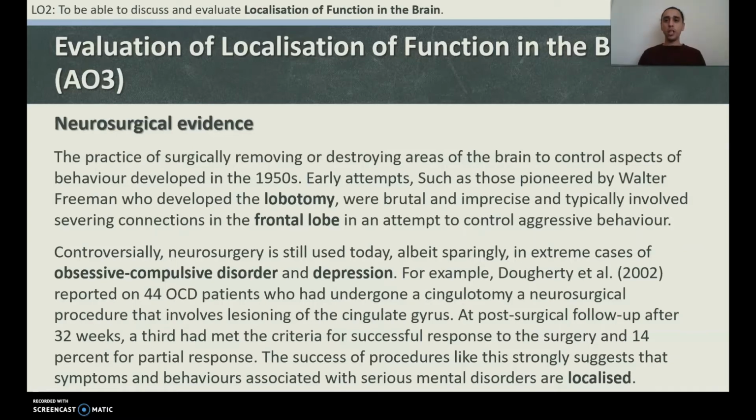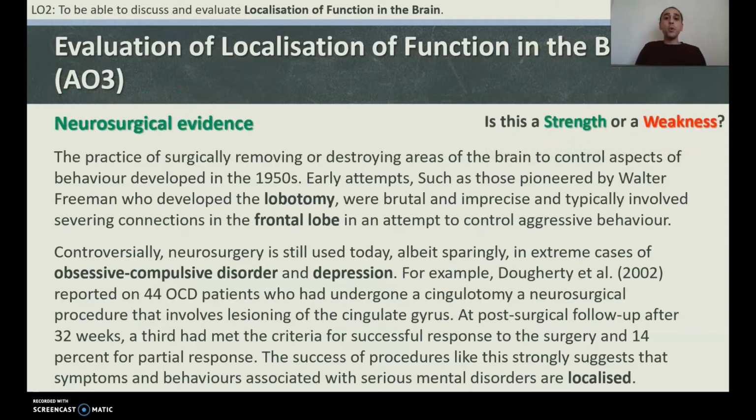At post-surgical follow-up after 32 weeks, a third had met the criteria for successful response to the surgery and 14% of partial response. The success of procedures like this strongly suggests that symptoms and behaviors associated with serious mental disorders are localized. So, is this a strength or a weakness?